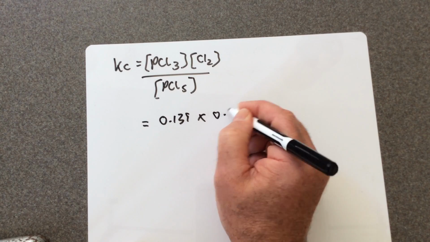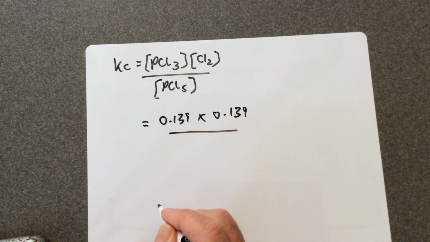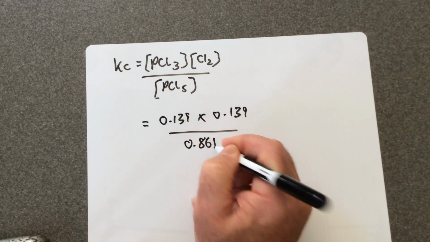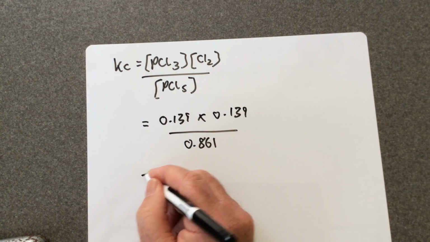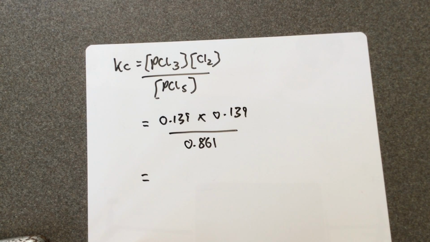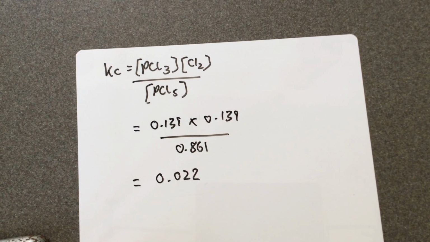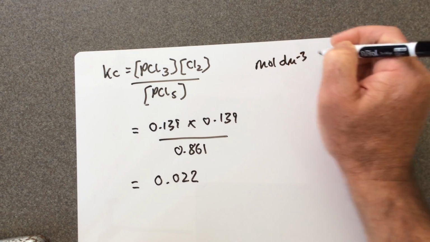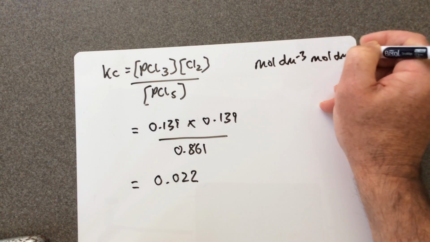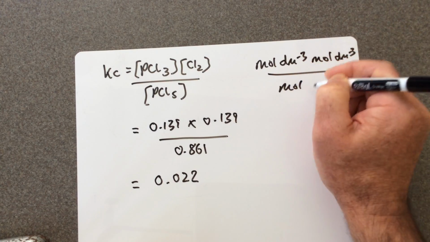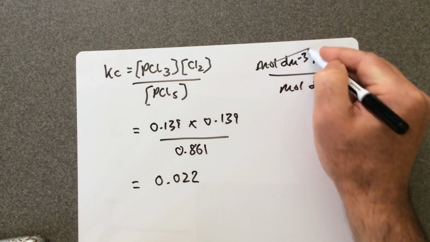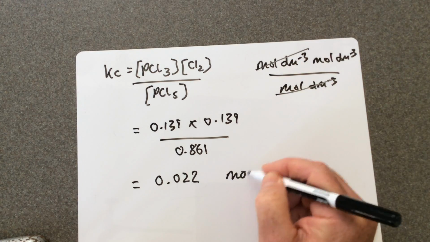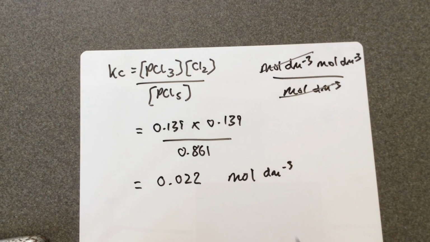So is the concentration of chlorine, and the phosphorus pentachloride is 0.861. So if I get my calculator out and simplify that, that's going to come out at 0.022. Units, well, there are two concentration terms on the top, and there is only one on the bottom. So this is a really straightforward one. So the units will be moles per decimetre cubed.